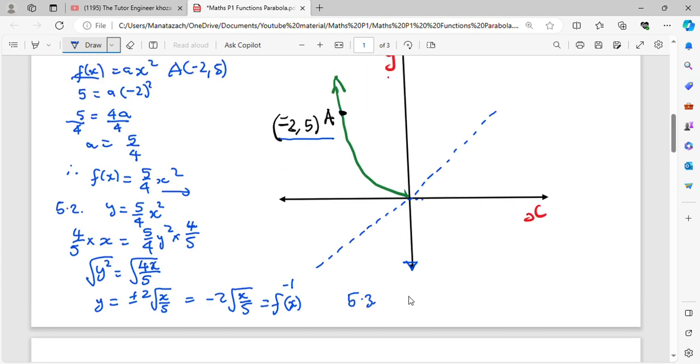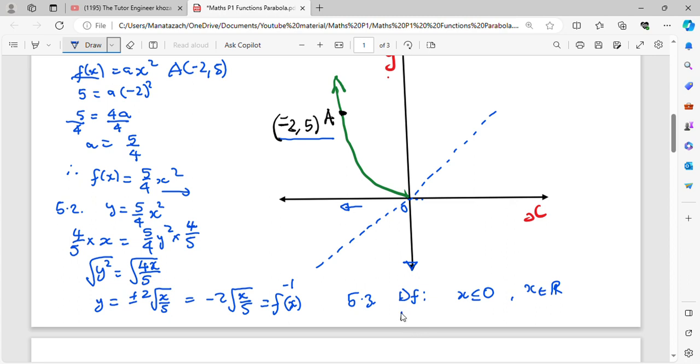So the domain of the function f, it's the values of x starting from minus infinity, or we can just say x is less than or equal to 0, meaning from 0 going this way up until infinity, where x is the element of real numbers.